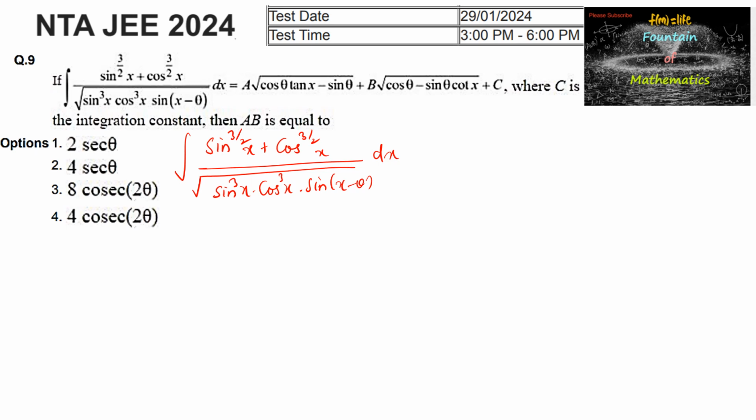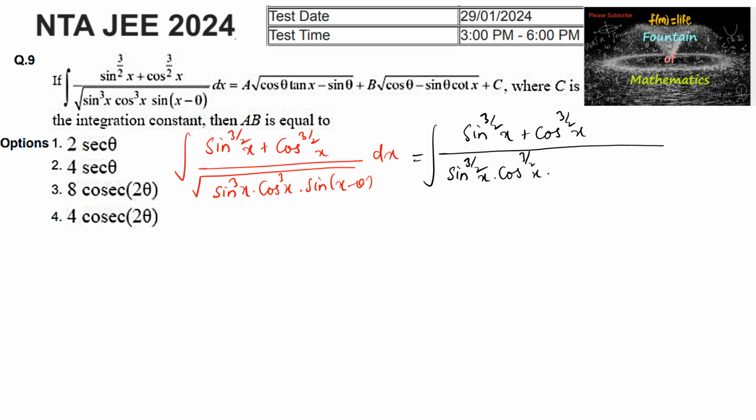So here we can write integral of sine power 3 by 2 x plus cos power 3 by 2 x, whole divided by under root of sine power 3 by 2 x into cos power 3 by 2 x, and sine of (x minus theta) we can write sin x cos theta minus cos x sin theta. We remove the root only for the sin and cos.